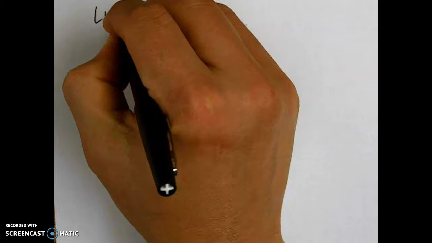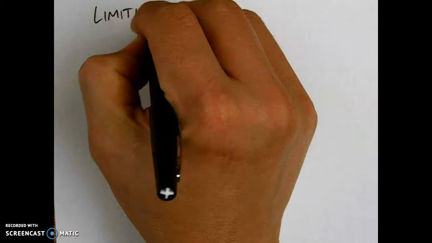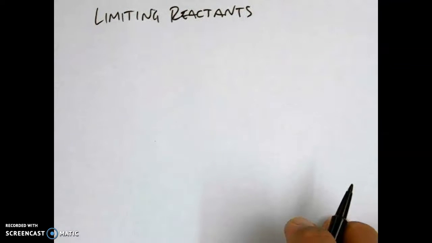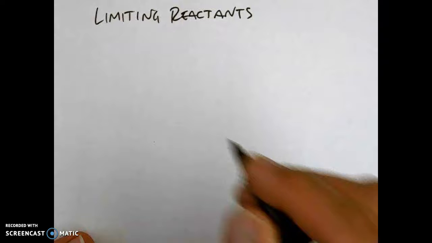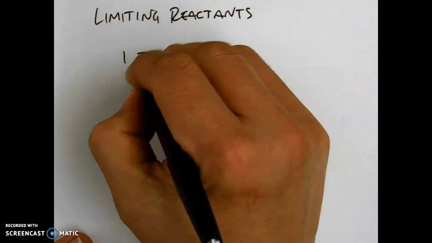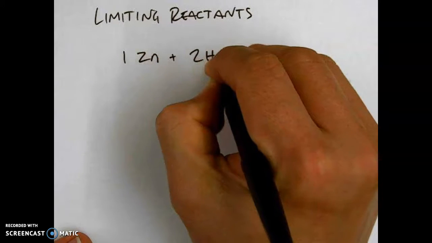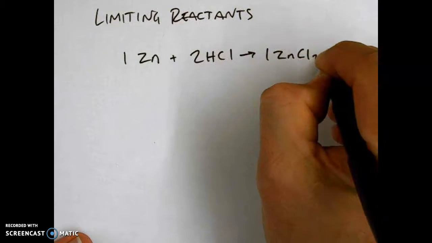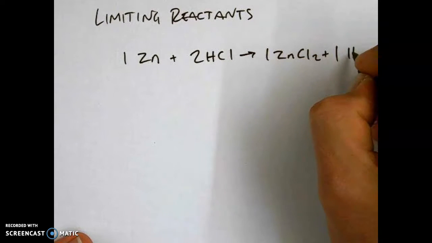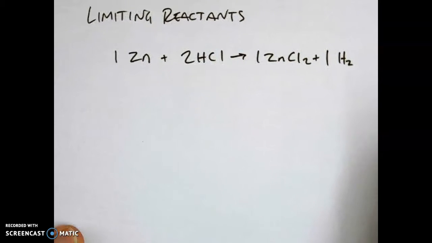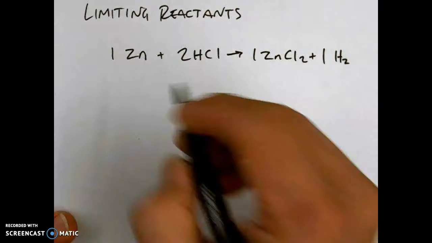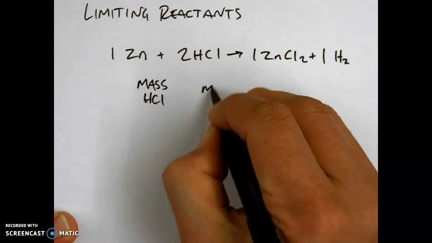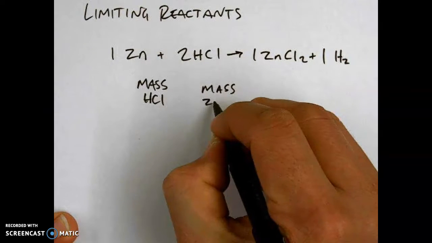Okay, so we're doing limiting reactants. Last night's work, you were trying to change the mass of HCl to the mass of zinc chloride.